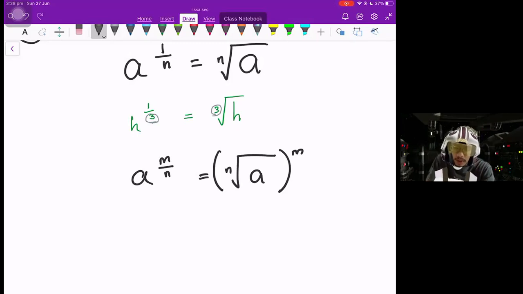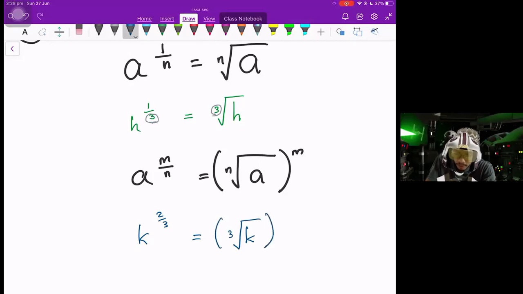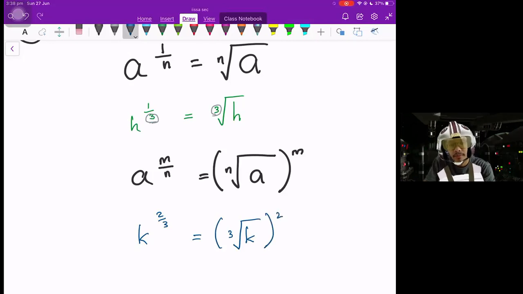Let's say we have k to the power of 2 over 3. Usually in IGCSE, they don't give you complicated powers, they will give you simple powers. So this is actually the cube root of k, everything to the power of 2. Easy enough.